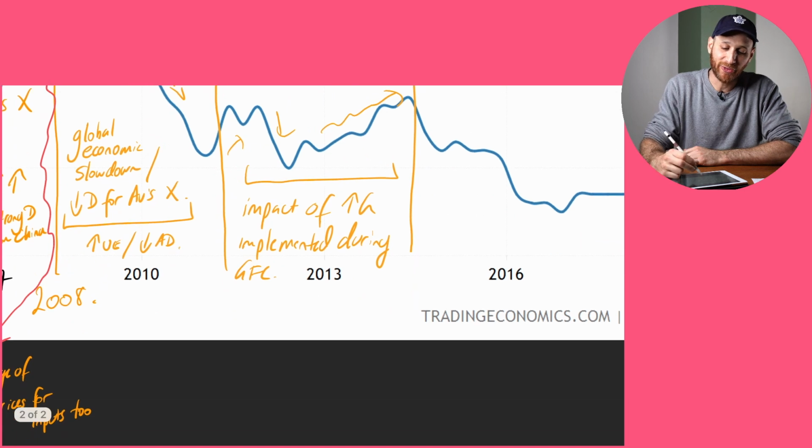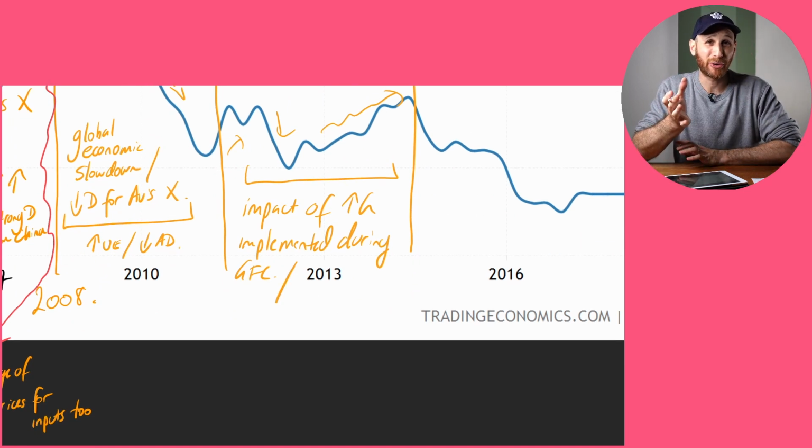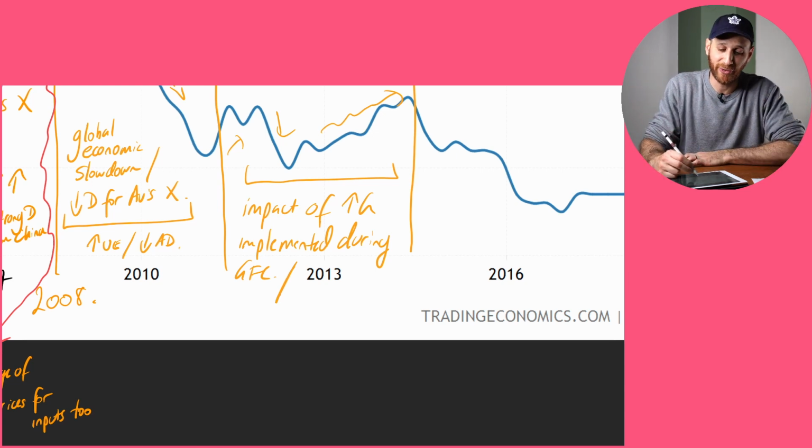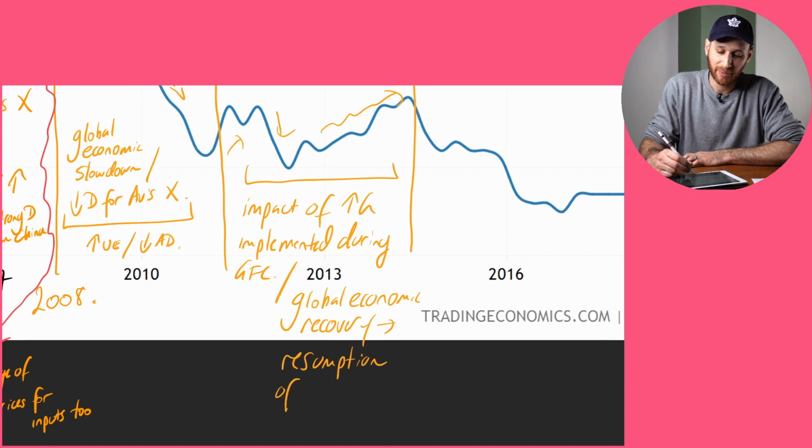The other thing that we're starting to see over this period of time is a global economic recovery of sorts after the real downturn of the financial crisis. So we're seeing global economic recovery, including resumption of China's economic activity, China's economic growth.